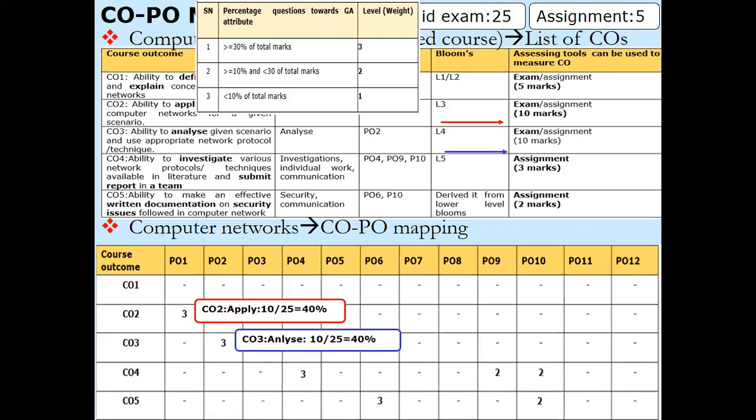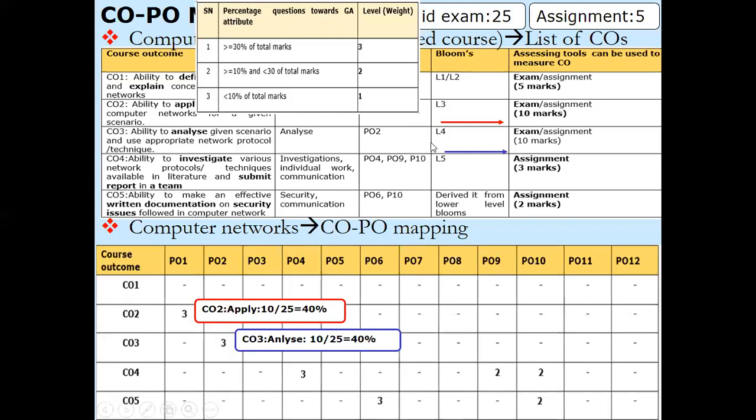They have to visit either the library or the internet, refer to more than 10 to 15 research papers, do an investigation, and submit a report to the faculty member. That is the assumption. This CO is mapped with 3 POs: PO4 emphasizes investigation skill, PO9 talks about working in a team, and PO10 talks about communication skills, because you are asking for a report.